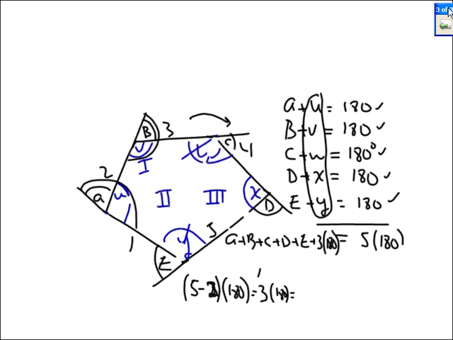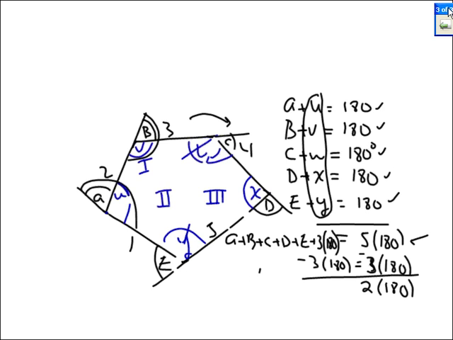Well, take away the 3 times 180. Think of 180 as x. If you have 5 x's here and you take away 3 x's, you are left with 2 x's. If it works for x's, it must work for numbers. And that's where I get the results I want.